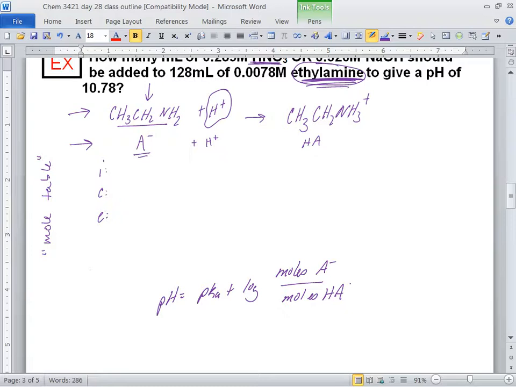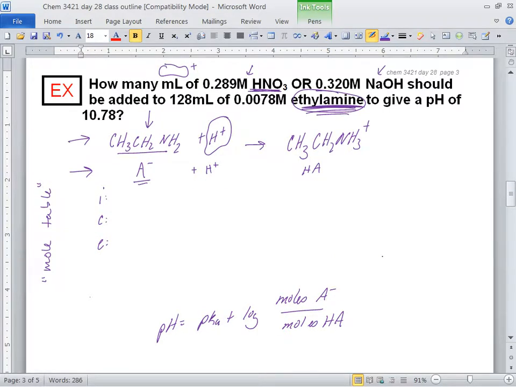So that's why we do the mole table. All we're interested in is moles of conjugate base and moles of conjugate acid, so we can plug in there. We'll get it from that column and that column. So I need to start somewhere, probably that initial row. Let's pick on Monica. Can we put anything in that initial row?